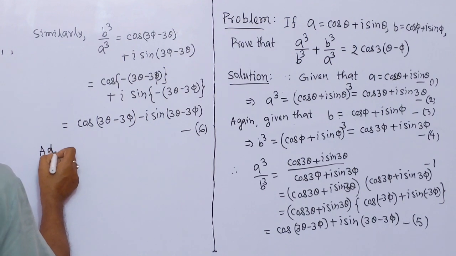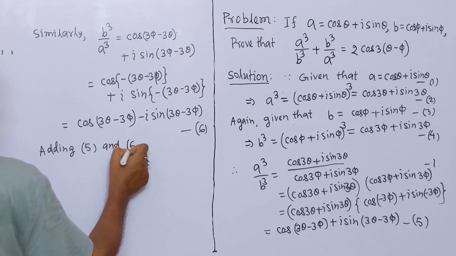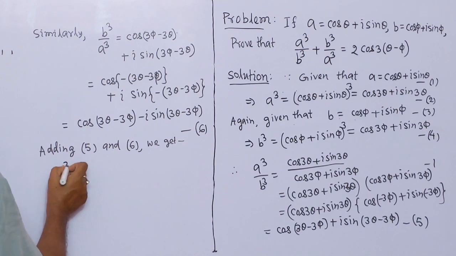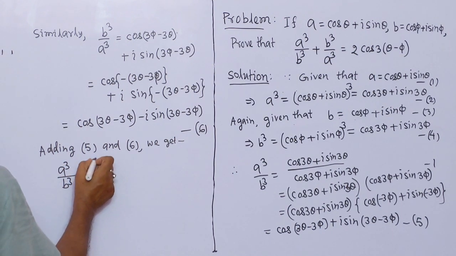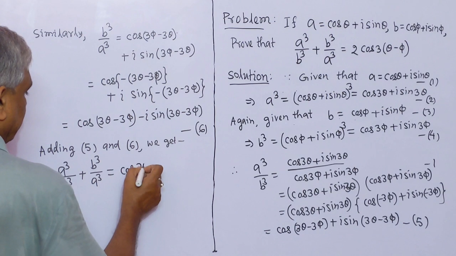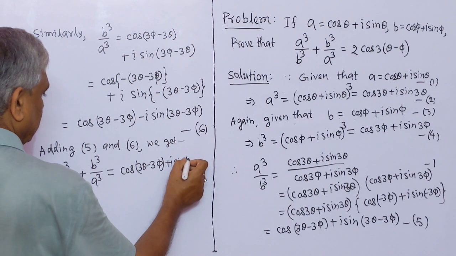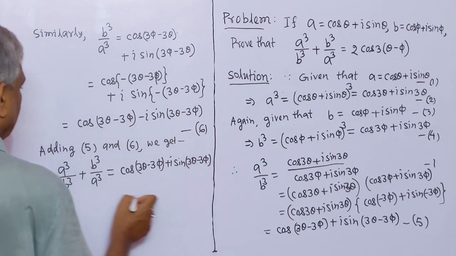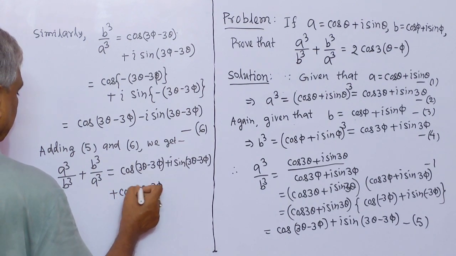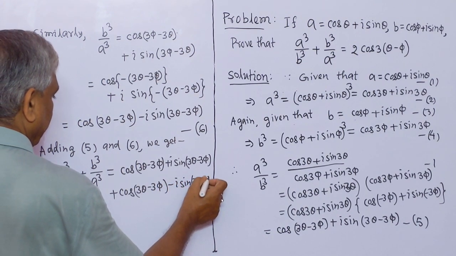Adding 5 and 6, we get a cube by b cube plus b cube by a cube equal to cos(3 theta minus 3 phi) plus i sin(3 theta minus 3 phi), plus cos(3 theta minus 3 phi) minus i sin(3 theta minus 3 phi).